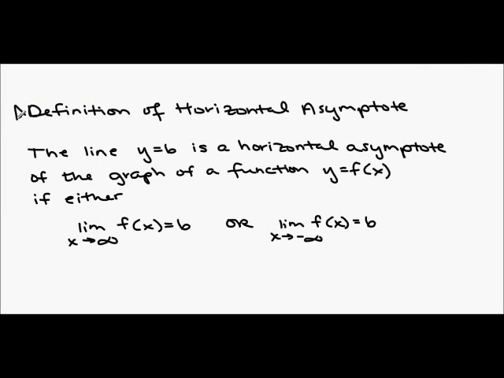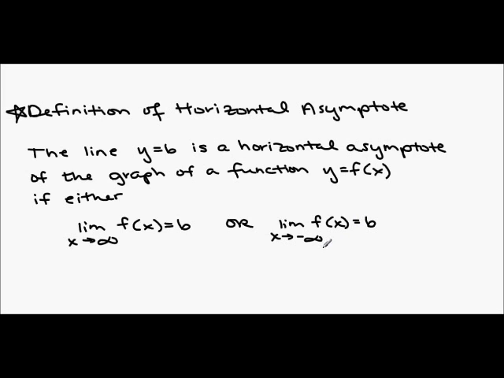The definition of a horizontal asymptote is as follows. The line y equals b is a horizontal asymptote of the graph of a function y equals f of x if either the limit as x approaches infinity of f of x equals b, or the limit as x approaches negative infinity of f of x equals b.